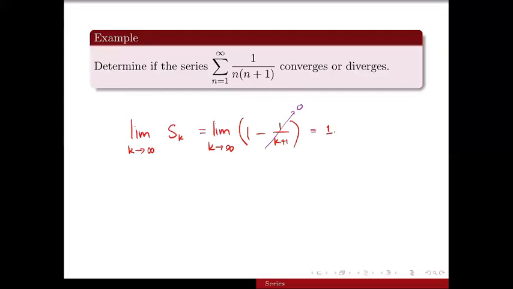And we have a limit equal to 1. So what does this mean? Therefore, the sum of 1 over n times n plus 1, from 1 up to plus infinity, is equal to 1. Okay? Questions?